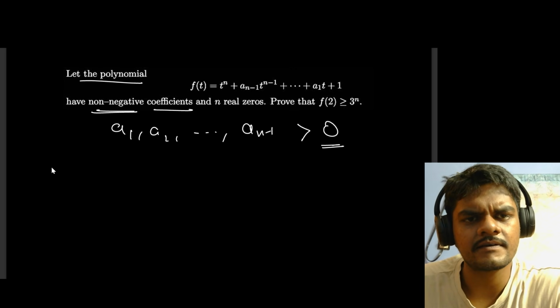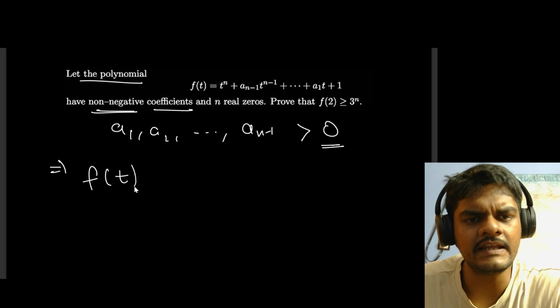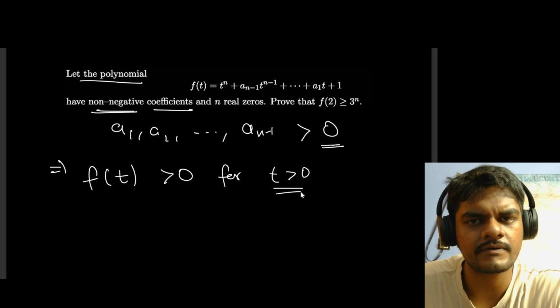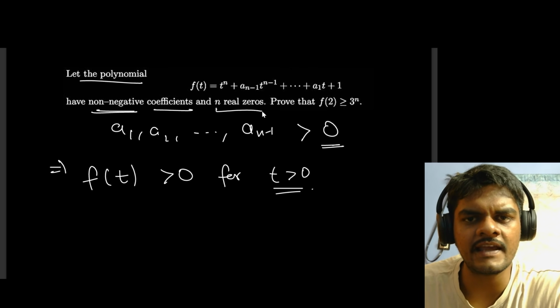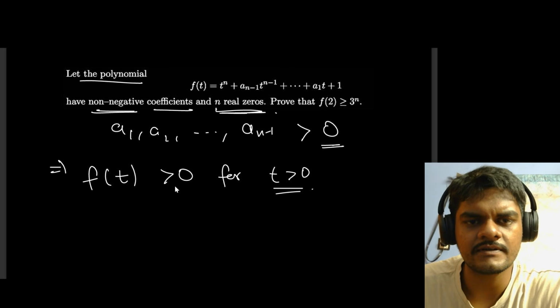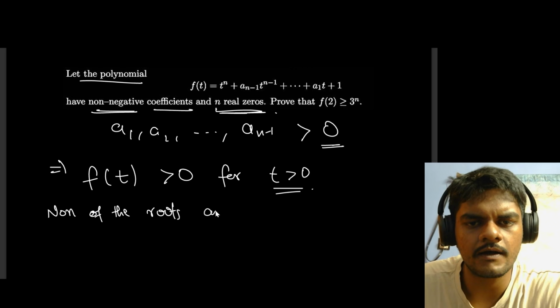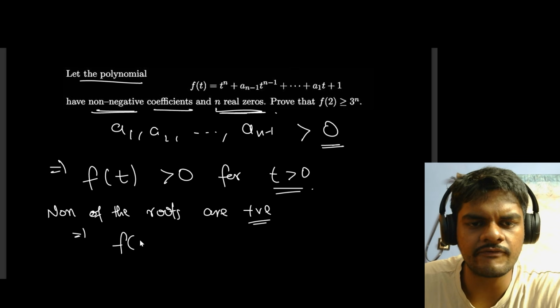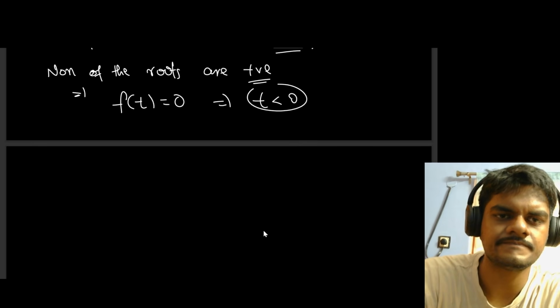That means f of t is strictly positive for t greater than 0, but it has n real roots. So none of the roots are positive. That implies f of t equal to 0 implies t is negative. So all the roots are negative.